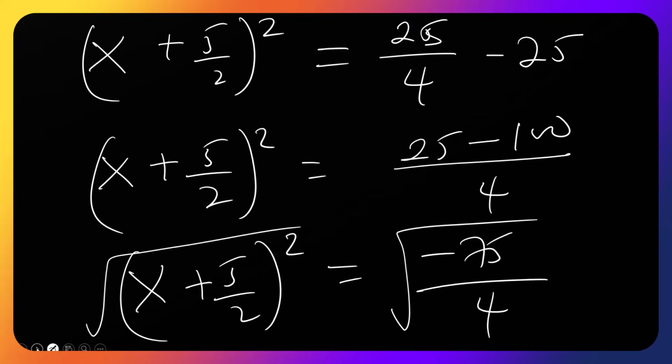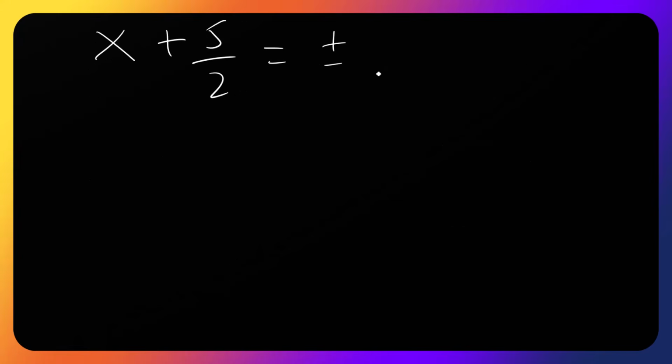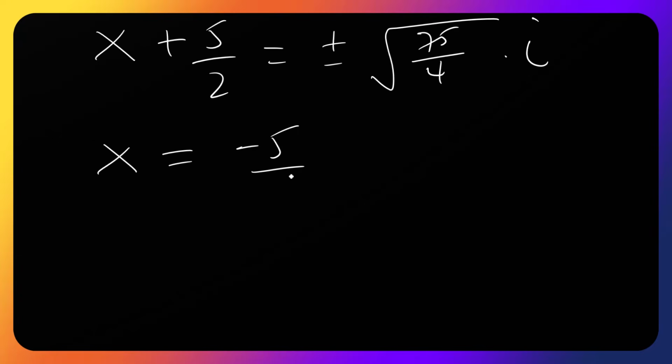So that will be x equals minus 5 on 2 plus or minus 5 root 3 i on 2.